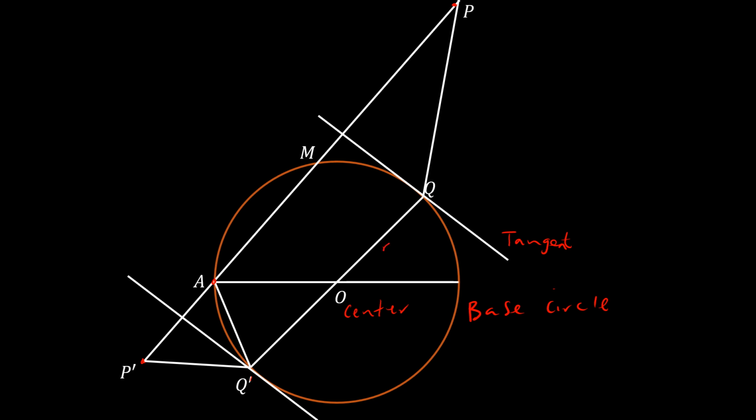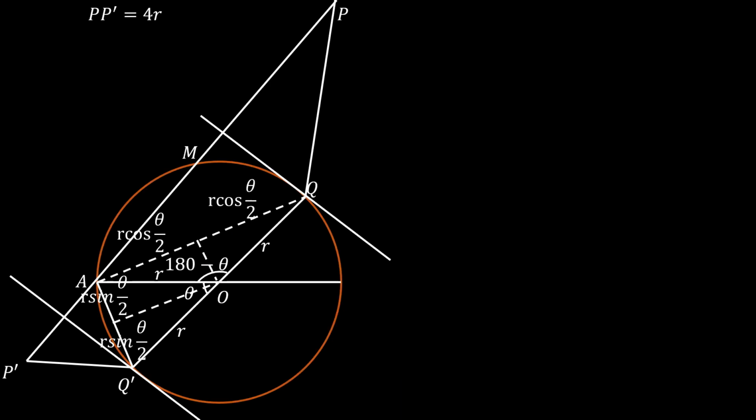So this is our radius, this is our radius, this is our radius, this is our radius, right? So let's continue and see some of the very interesting properties. We assume that this is our angle theta, and since this is a straight line, we have the remainder of the angle being 180 minus theta.